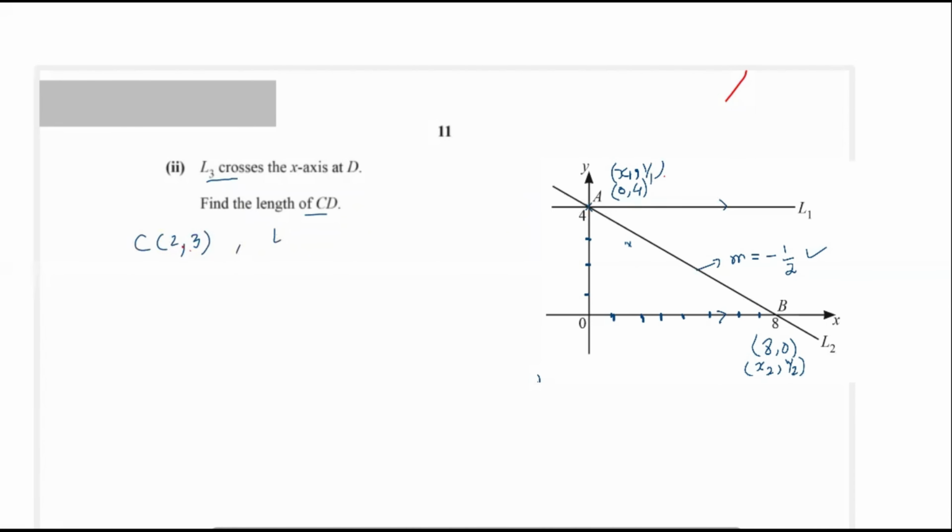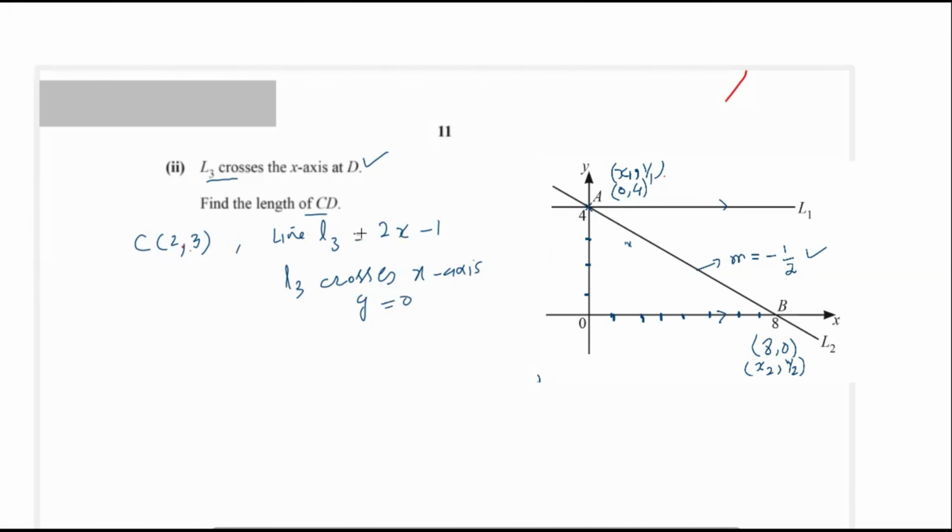Firstly, we find the point D. You know the line L3 crosses the x-axis. When it crosses the x-axis, the y-coordinate will be 0. Therefore, y will be 0.